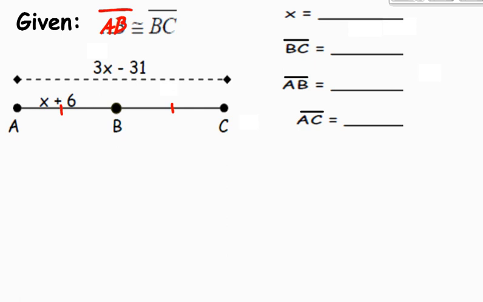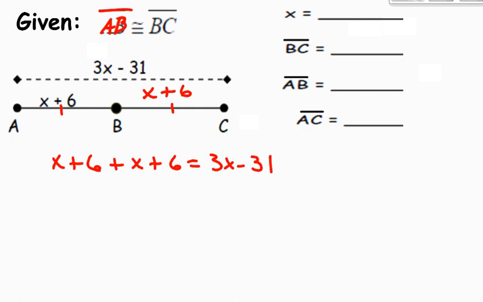Well, if line segment AB is x plus 6, I'm pretty sure that you could guess that line segment BC also has to be x plus 6 because they're congruent, which means that x plus 6 plus x plus 6 has to equal 3x minus 31.